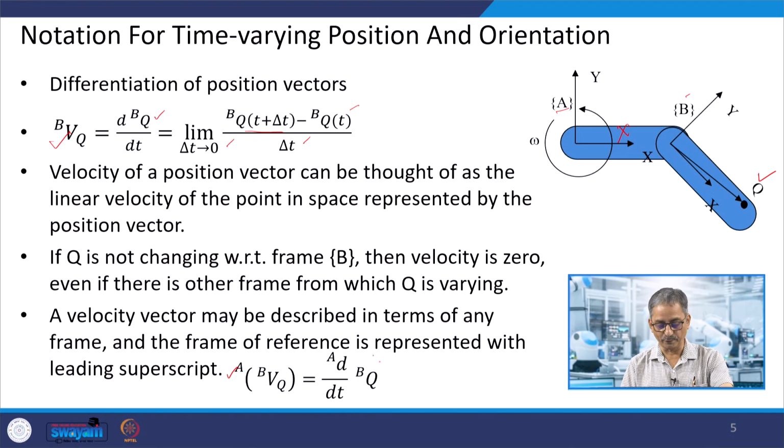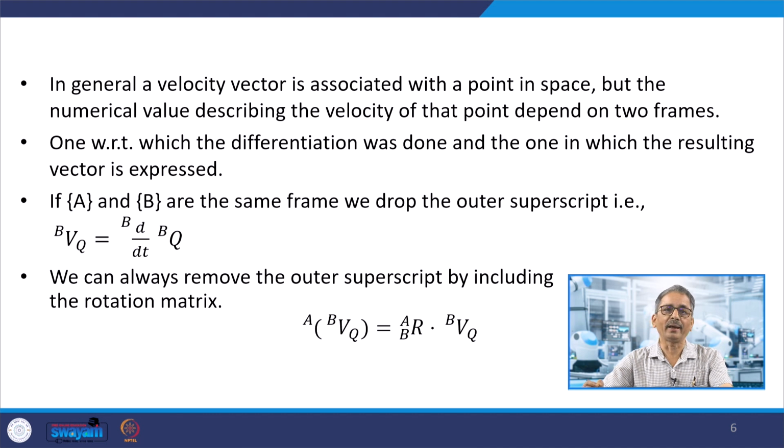So d of qB by dt, expressed in terms of frame A. In general, a velocity vector is associated with a point in space, but the numerical value describing the velocity of that point depends on two frames.